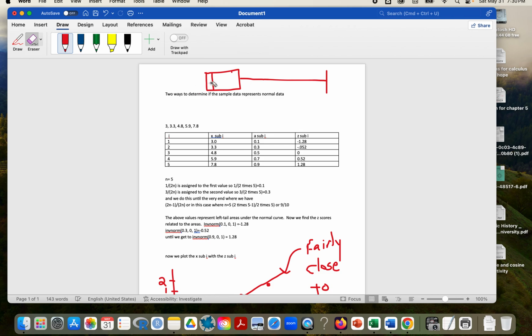Hopefully that makes sense, and you can look at a box and whisker and go, yeah, might be normal, might not be normal, very likely it's skew. All right.